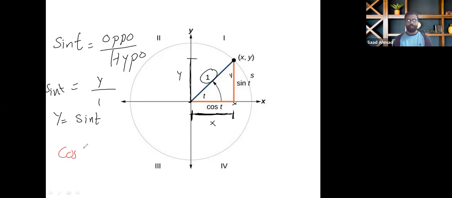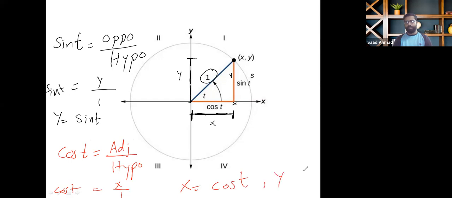The cos ratio is adjacent over hypotenuse. The adjacent, the one that we have here, is x and the hypotenuse is 1. So x is equal to cos of t and y is equal to sine of t.